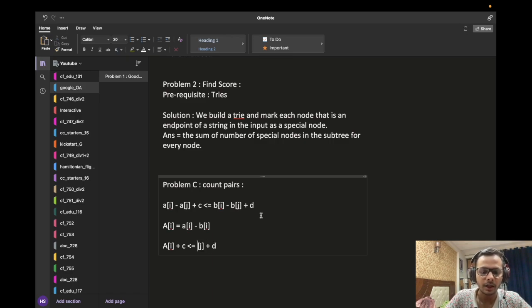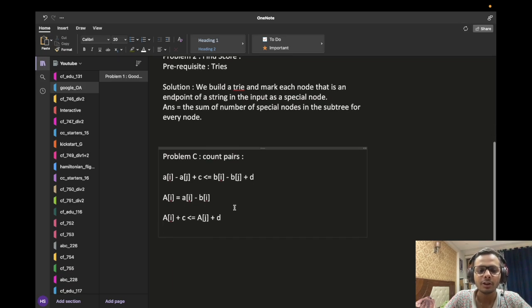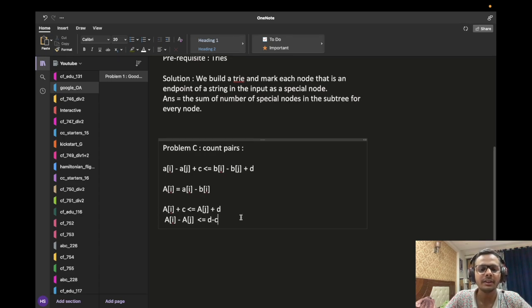So capital A of i plus c should be less than or equal to capital A of j plus d, right? So now I think this is a much simpler problem. So we have an array and we just have to find the number of pairs such that A_i minus A_j is less than or equal to d minus c, and I think that's not a very difficult problem.